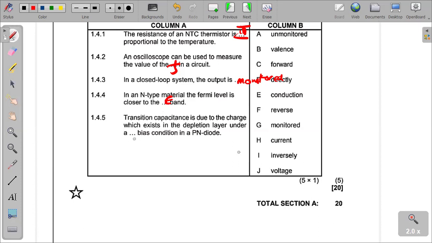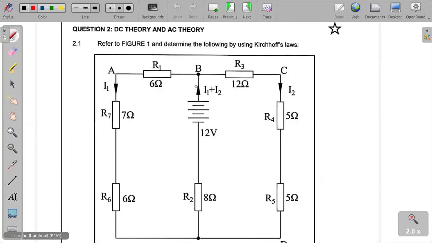So that's F. So these are the multiple choice questions that we're having. Let's quickly go to question number 2.